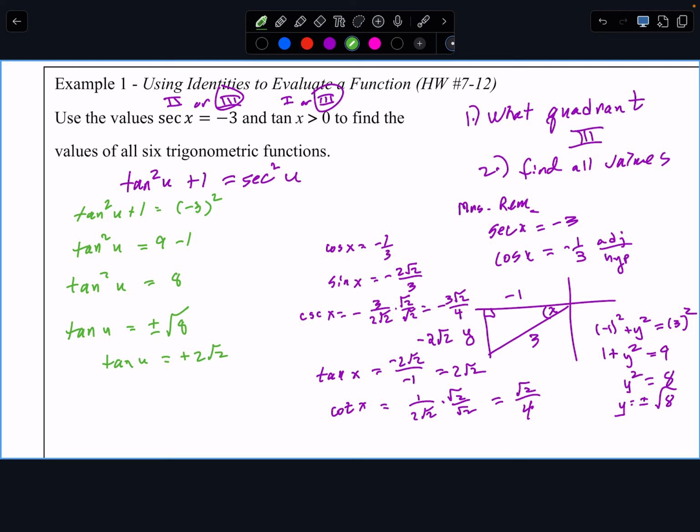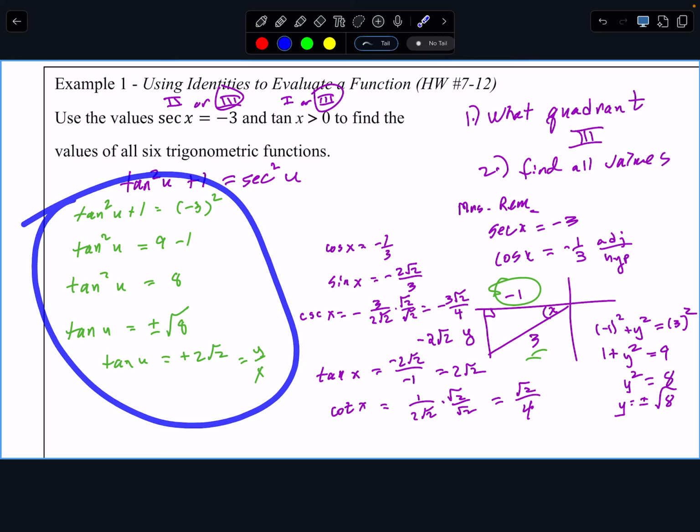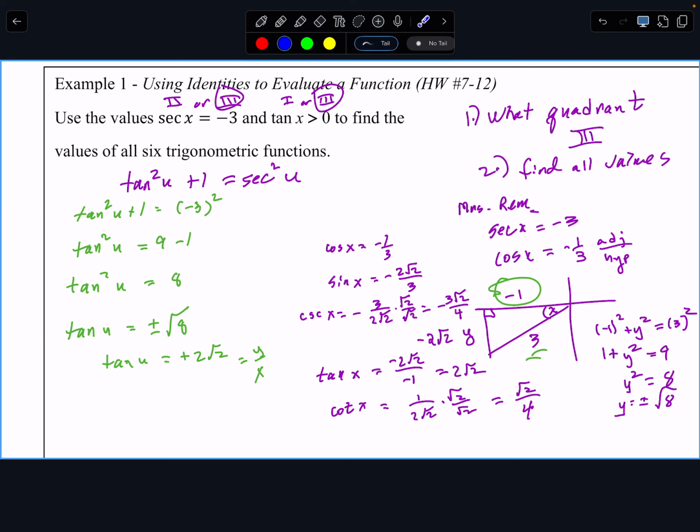But you still need to then set up a triangle and use the fact that tangent is y over x. And you have to realize that since you're in quadrant 3, the x has to be negative. And you have to also figure out using the secant that this is 3. I just like setting up the triangle, but you're going to see work like this. And it's just not how I do it. I do it using a triangle.